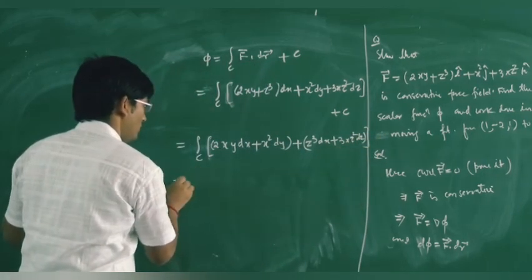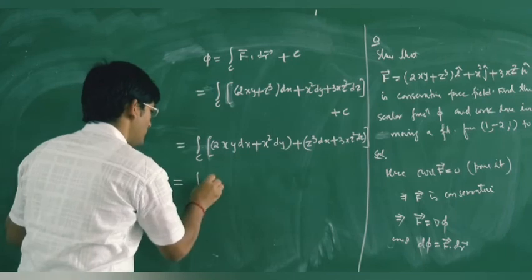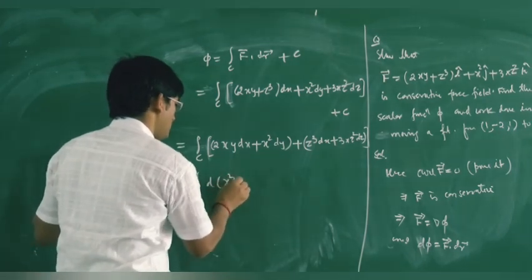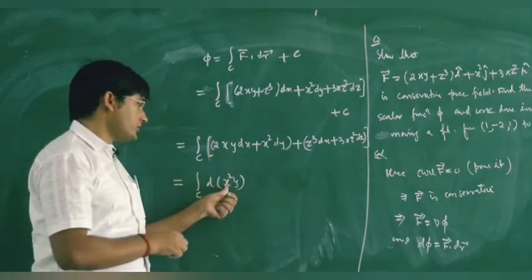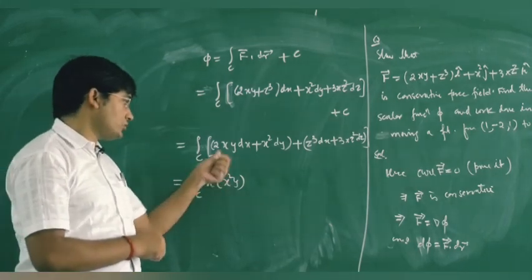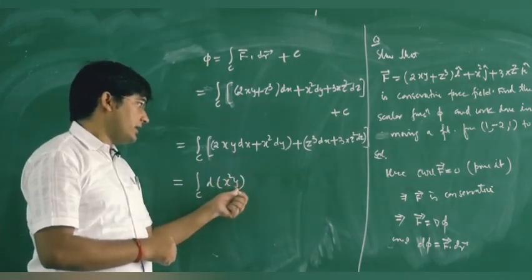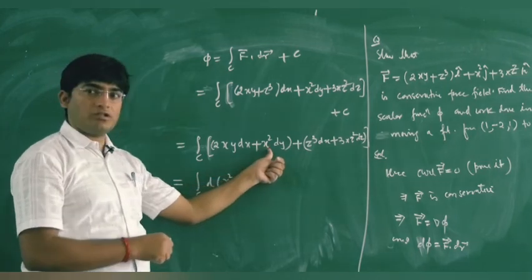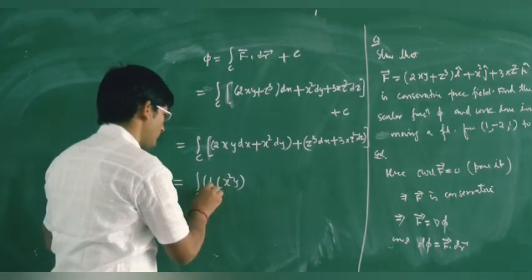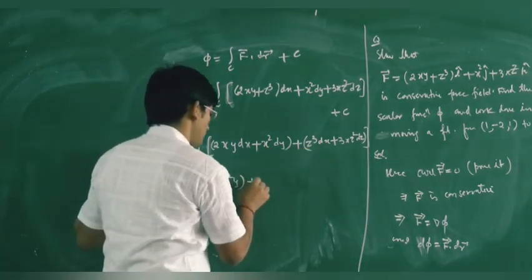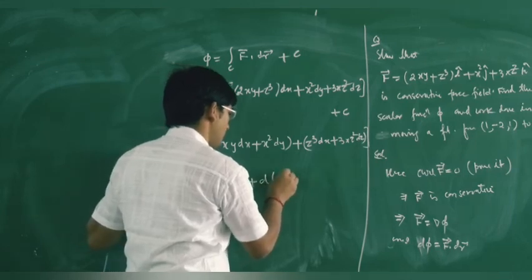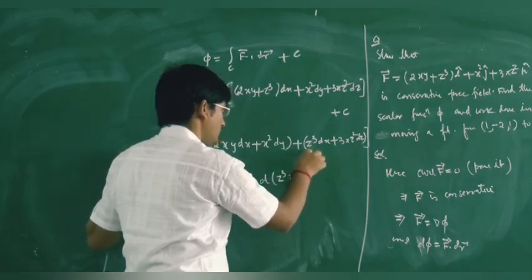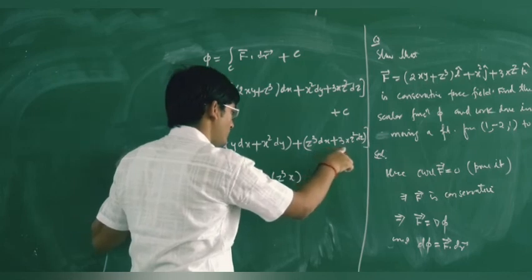So now this first term is equal to d of x square y, because if you differentiate x square, then this will be 2x into dx, and then we have y, and then the second term is x square dy. So the second term will be your d of z cube x. So this is your z cube into dx, and then we have 3.